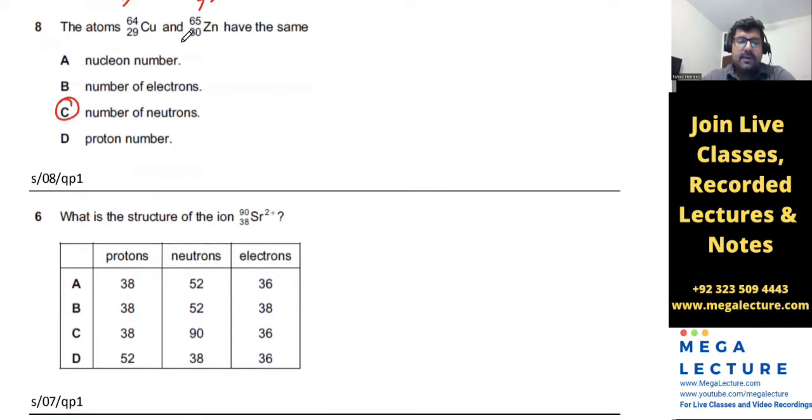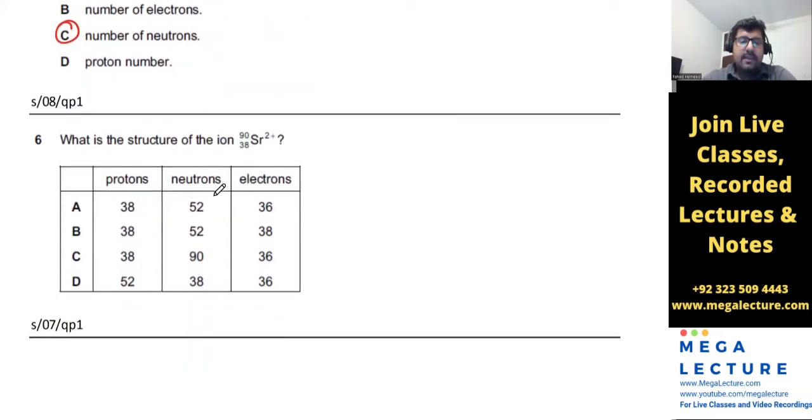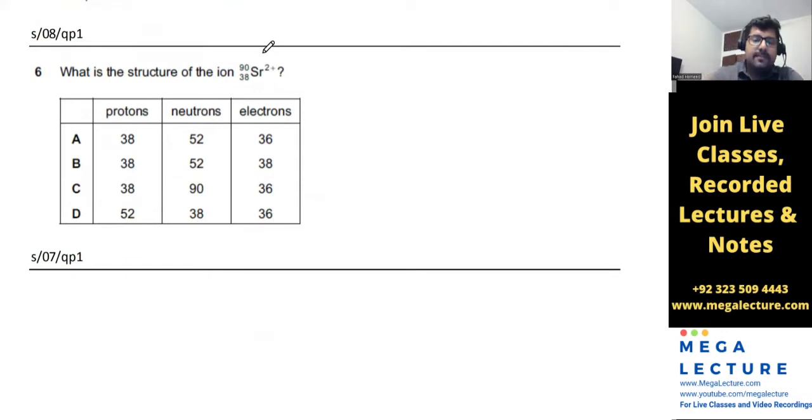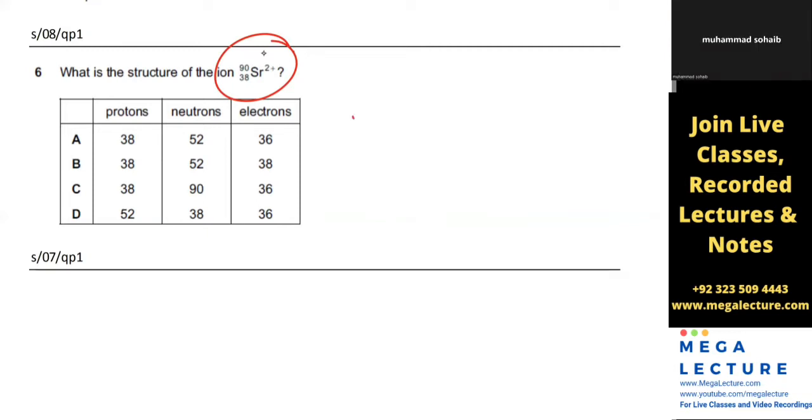Protons are obviously different, 29 and 30, right? Next, this one, strontium. How many protons and electrons? Protons 38, both 38. And neutrons, they are 52, and for the electrons, it's saying that it has lost 2 electrons. So 38 minus 2, that's 36.